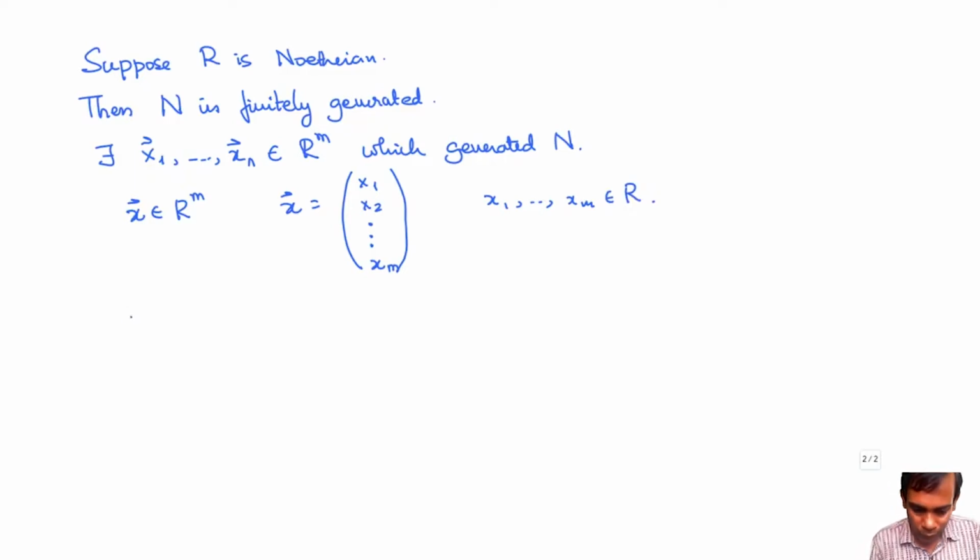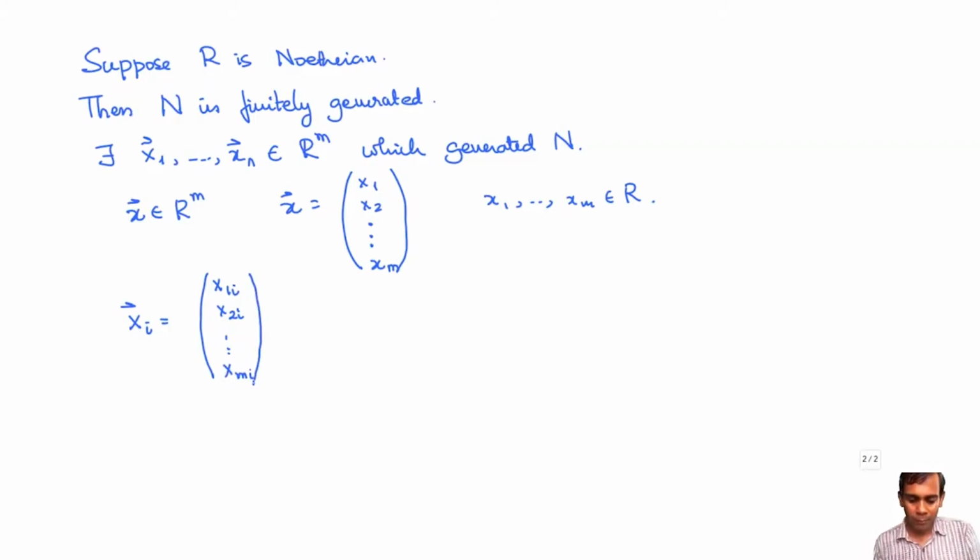And so now suppose we have that xi is the column vector x1i, x2i, dot dot dot xmi.